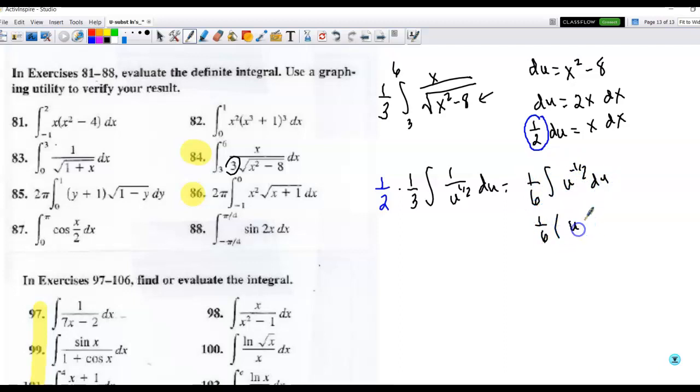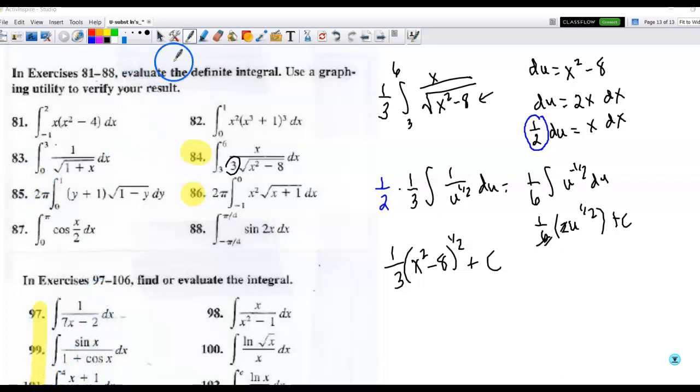I'm going to increase that power by 1 and divide by that new power, plus c, and then I'm going to replace. 2 divides into 6 3 times, so that would be 1/3. My u is x squared minus 8 to the 1/2 power. You could, of course, write that as a square root, and that might be how an answer appeared in a multiple choice set.